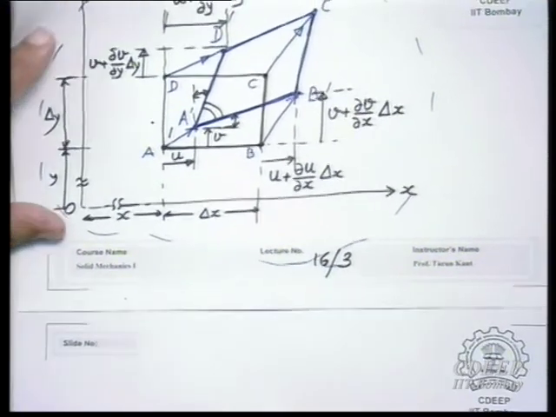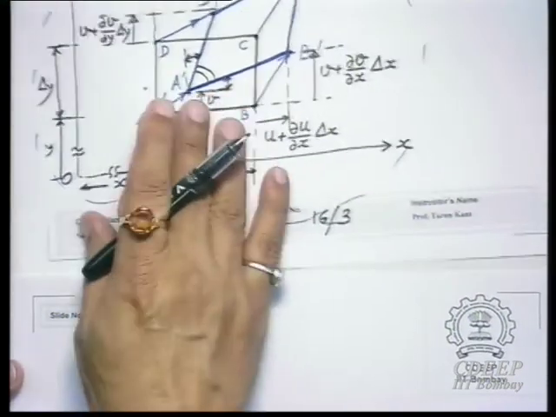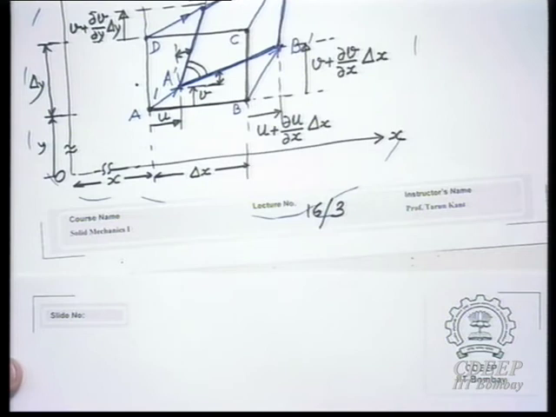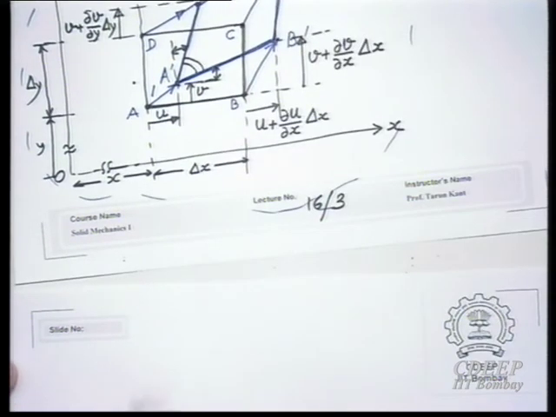So first, strain. How do you define your strain?